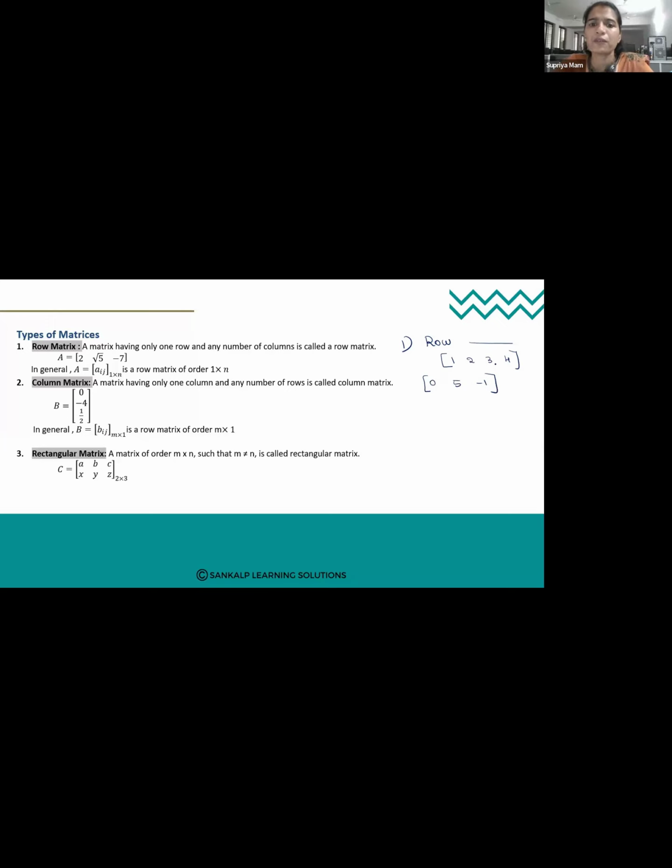These are examples for row matrix. Matrix consisting of single row. Number of columns can be anything. In the first example, only one row, whereas 4 columns. In the second example, only one row, there are 3 columns. These are the examples for row matrix.